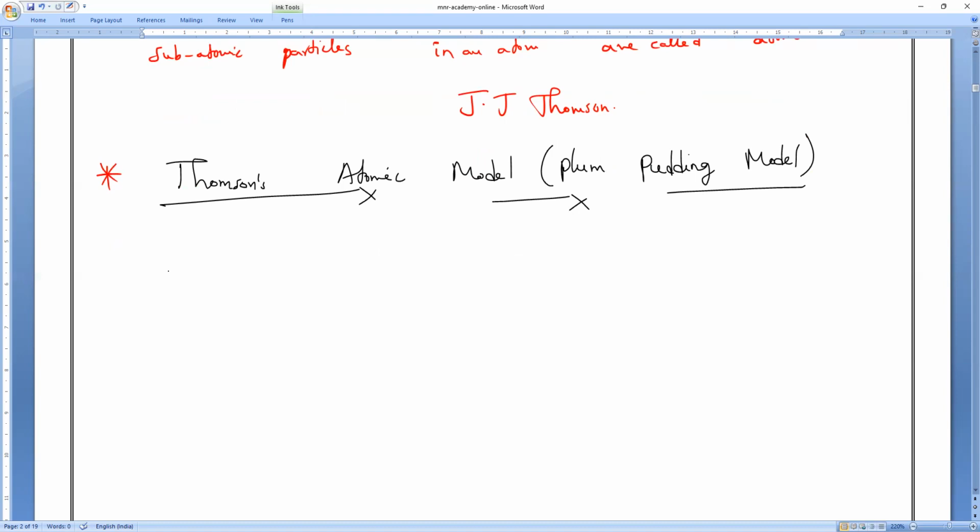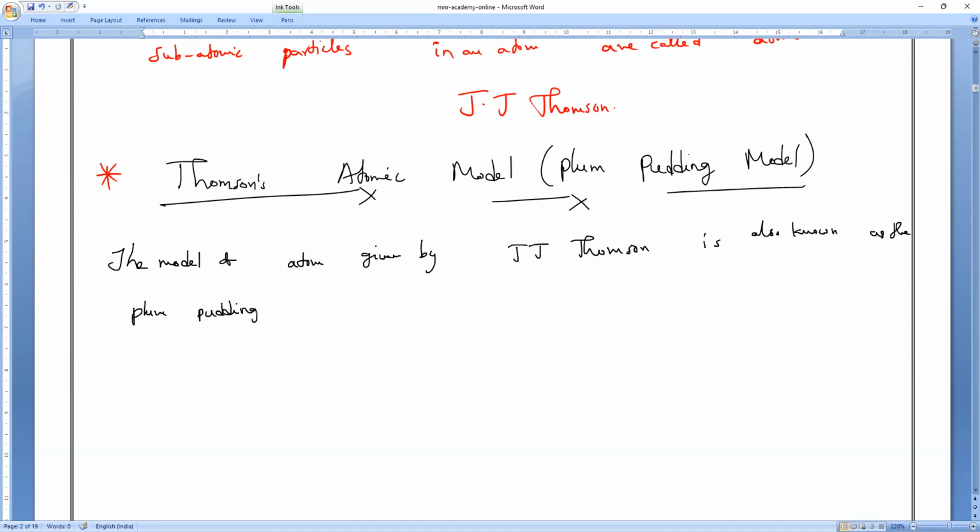The model of atom is given by J.J. Thomson. Do you all understand? The model of atom given by J.J. Thomson is also known as the plum pudding model.